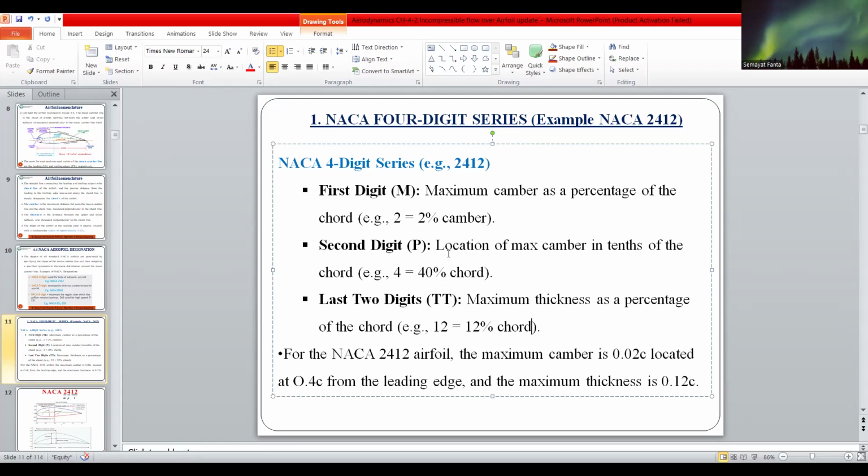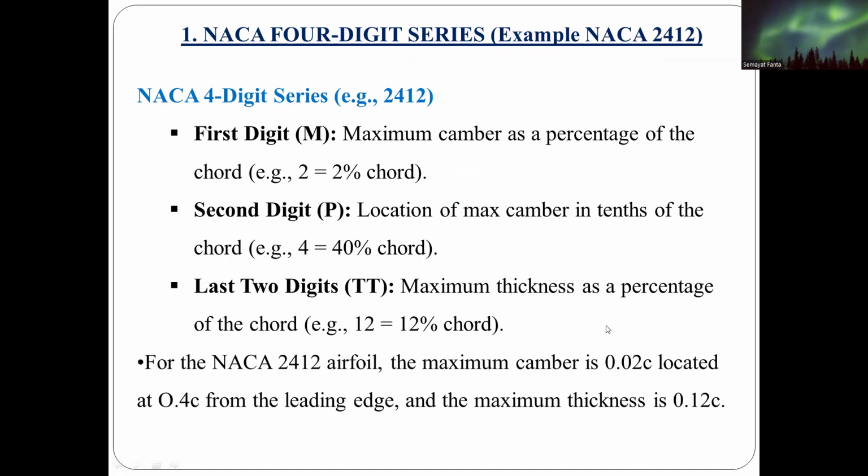Everything is represented with respect to chord. Once the chord dimension is known, we can find the maximum camber, the location of maximum camber, and the thickness of the aerofoil. So this is the NACA 4-digit representation.